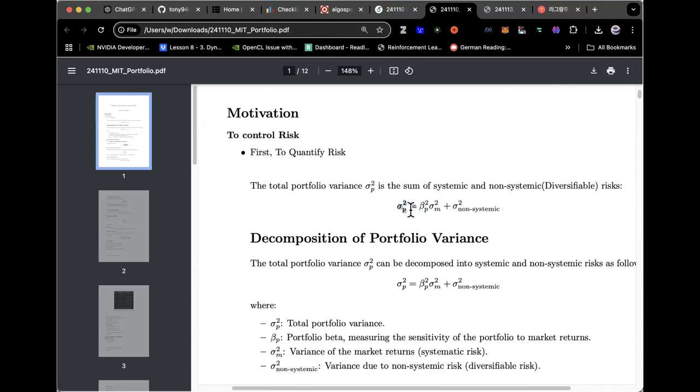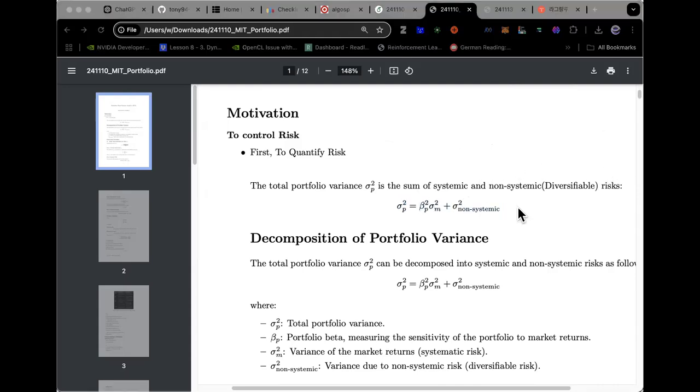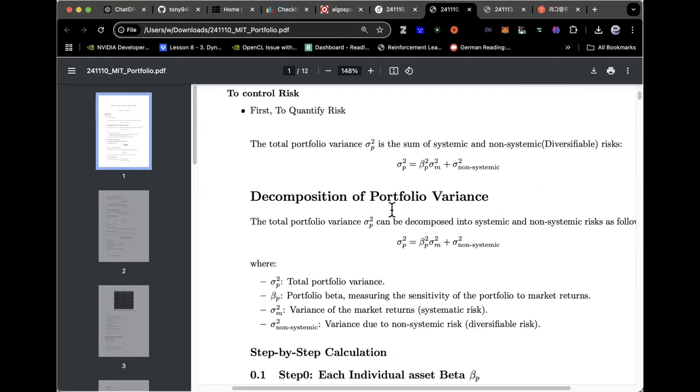This risk is, we will just say this as all the risk you can lose your money. And we will divide it by, there is risk that we can reduce, and there is risk that we can't reduce. We will just write it like this.